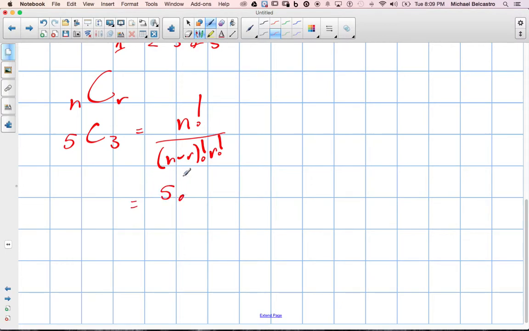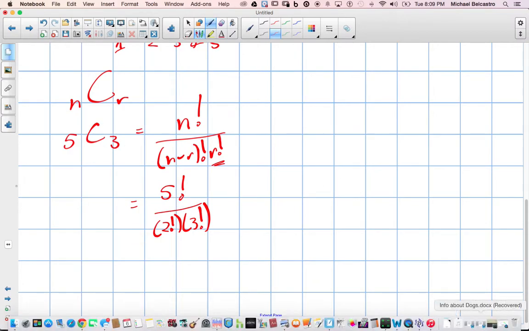This one becomes 5 factorial over 2 factorial times 3 factorial: 3 was our r, and 5 minus 3 is 2. Let's use our calculator here.